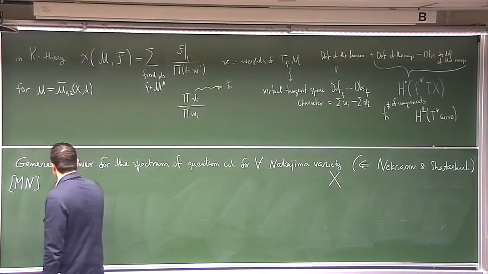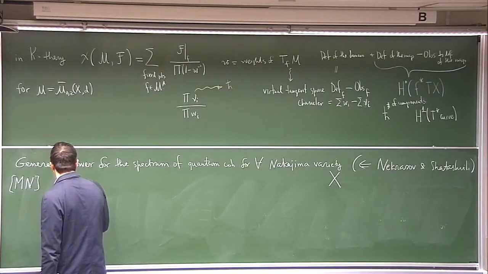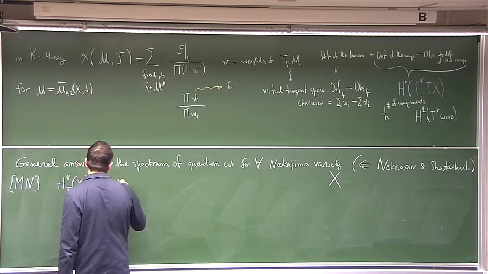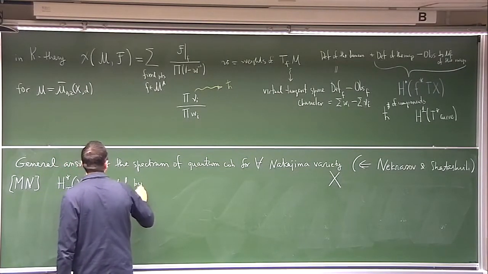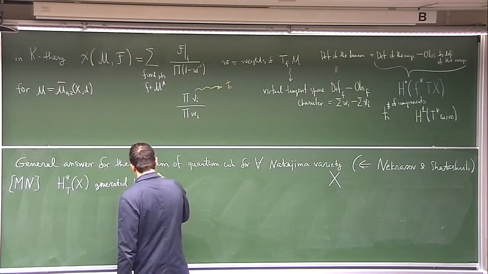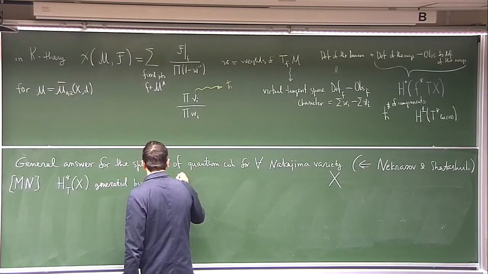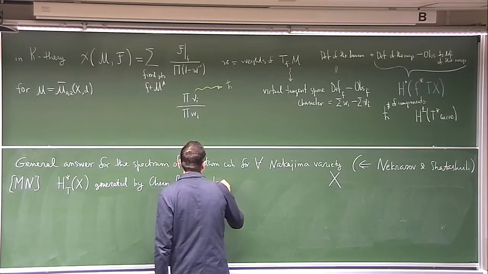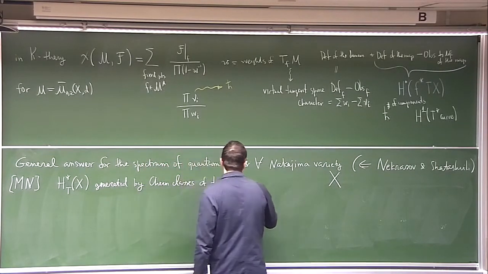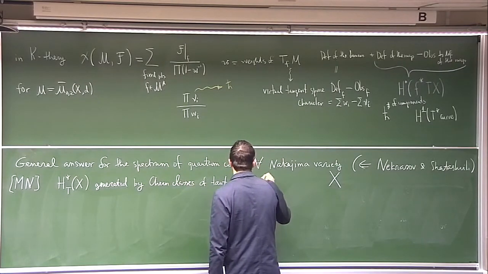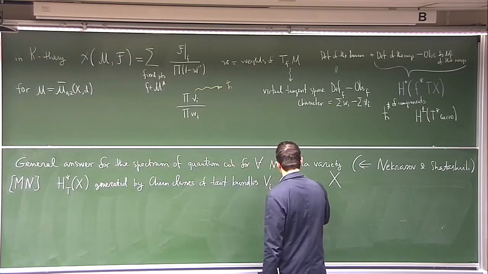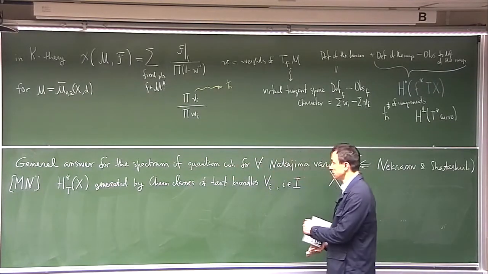They say the cohomology, K-theory of the Grassmannian, is generated by Chern classes of tautological bundles. We call them V_i, where i ranges over the vertices of the Dynkin diagram.